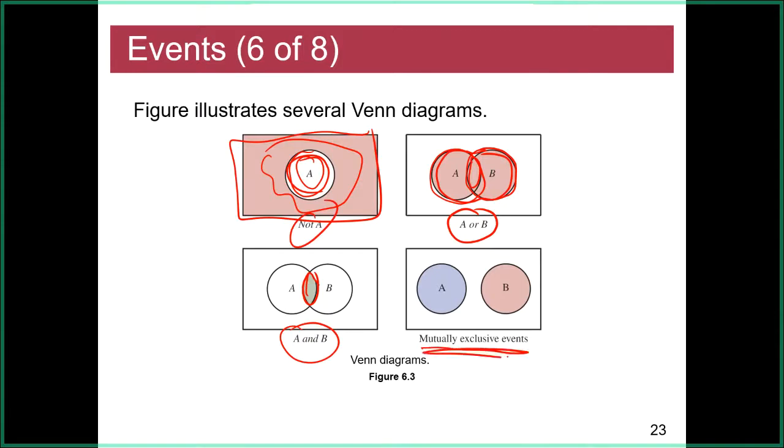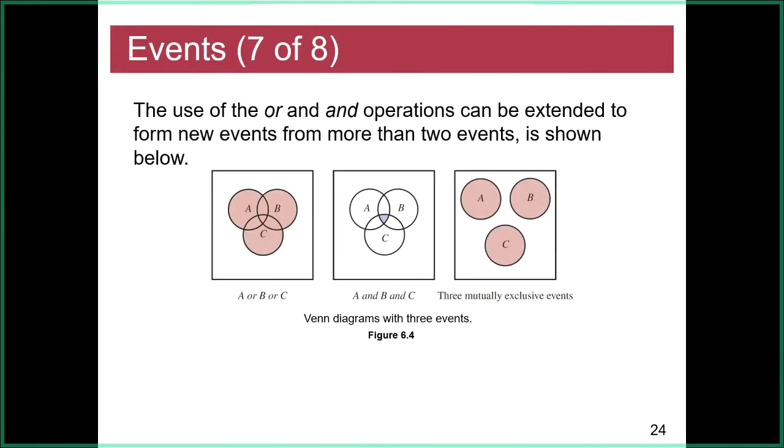And then mutually exclusive events, notice A and B do not overlap at all. So it is not possible. Any event that includes outcomes from both A and B would not occur. And we can, of course, do the same with three different events to see how they overlap. A or B or C, any of the three is true or where they overlap.